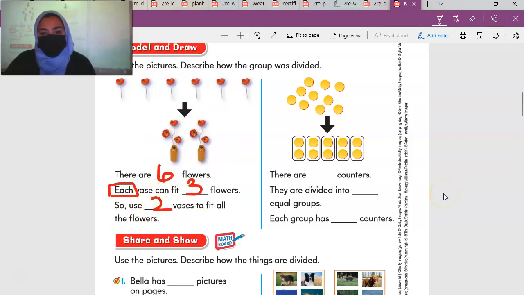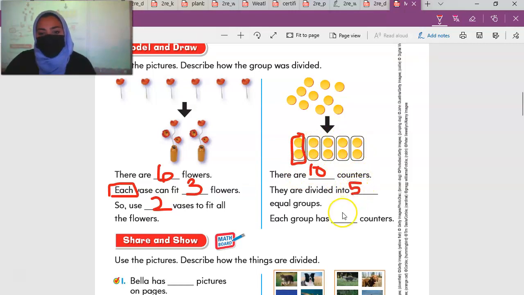We used 2 vases. There are how many counters? Count them. 2, 4, 6, 8, 10. They are divided into how many equal groups? Equal groups is what's circled. So how many circles do we have? How many groups? 5 groups. 1, 2, 3, 4, 5.